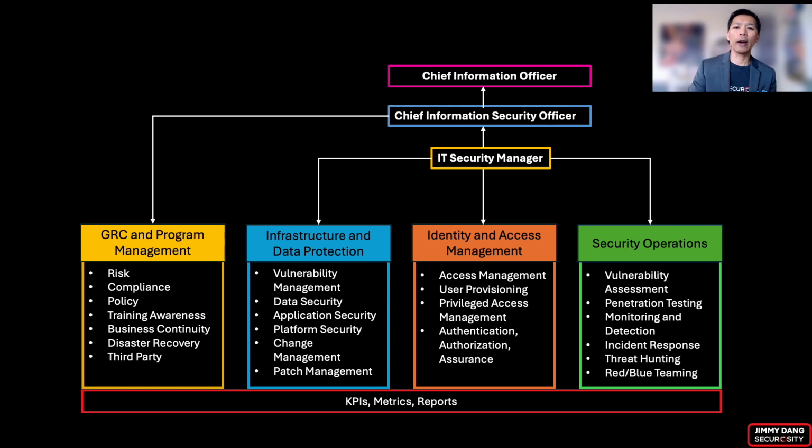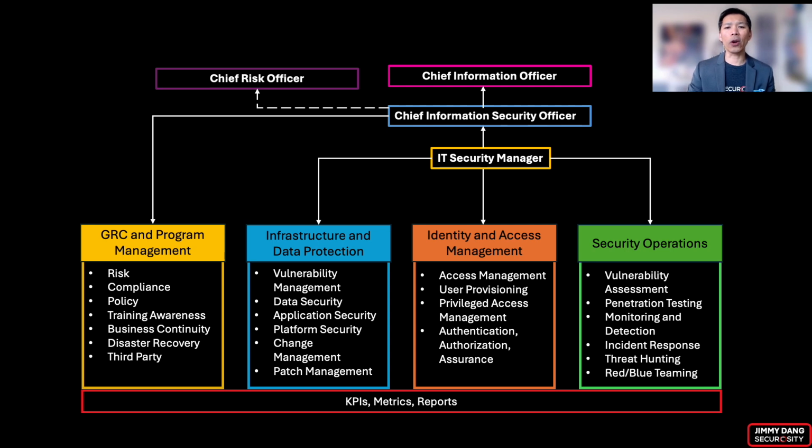Next up, we have the CIO. Now, the IT security managers and also the CISO report up to the CIO, or sometimes the CTO as well, in this structure. And of course, the CIO or the CTO has responsibility over all of these four structures.